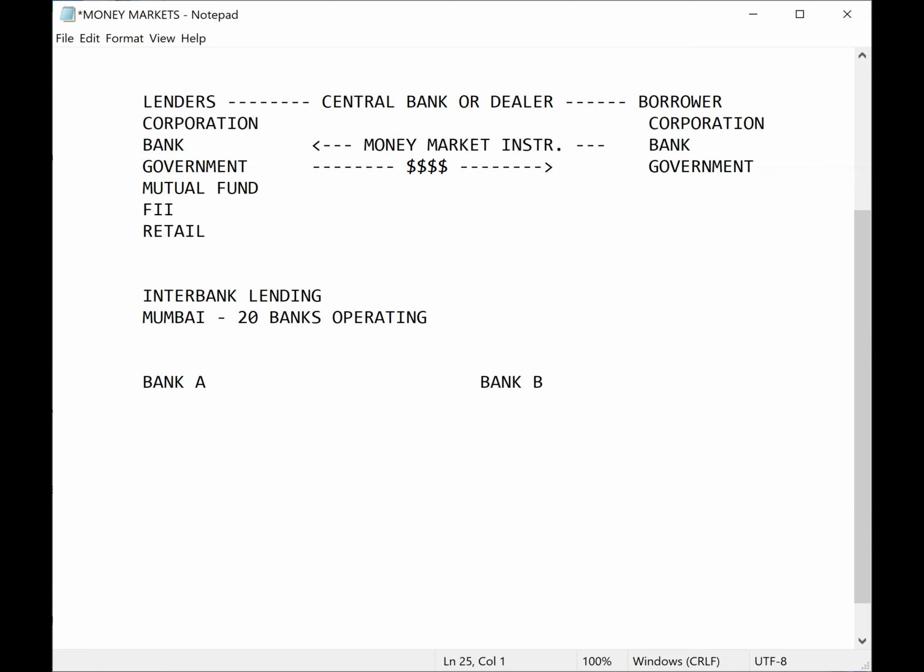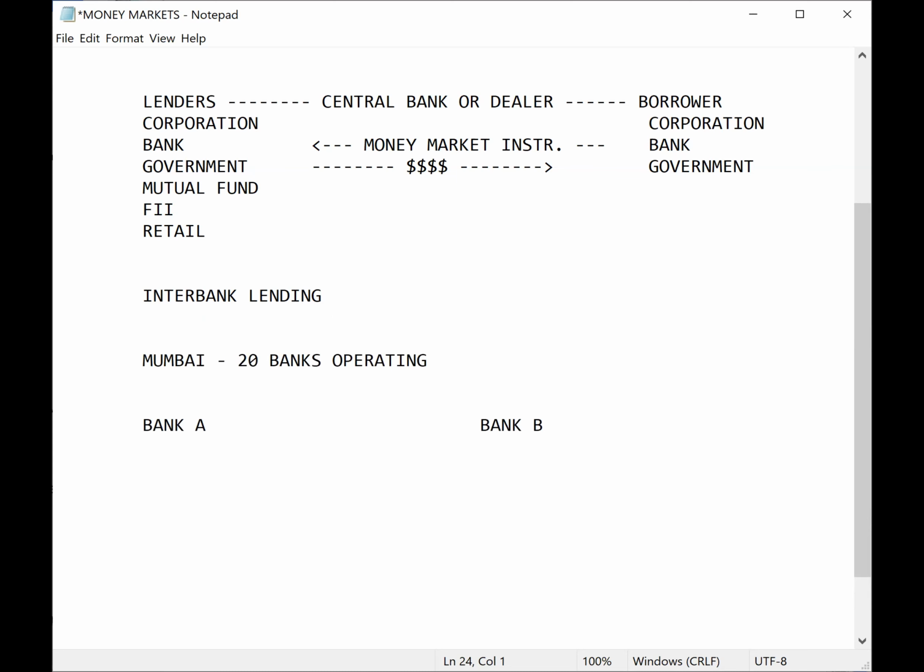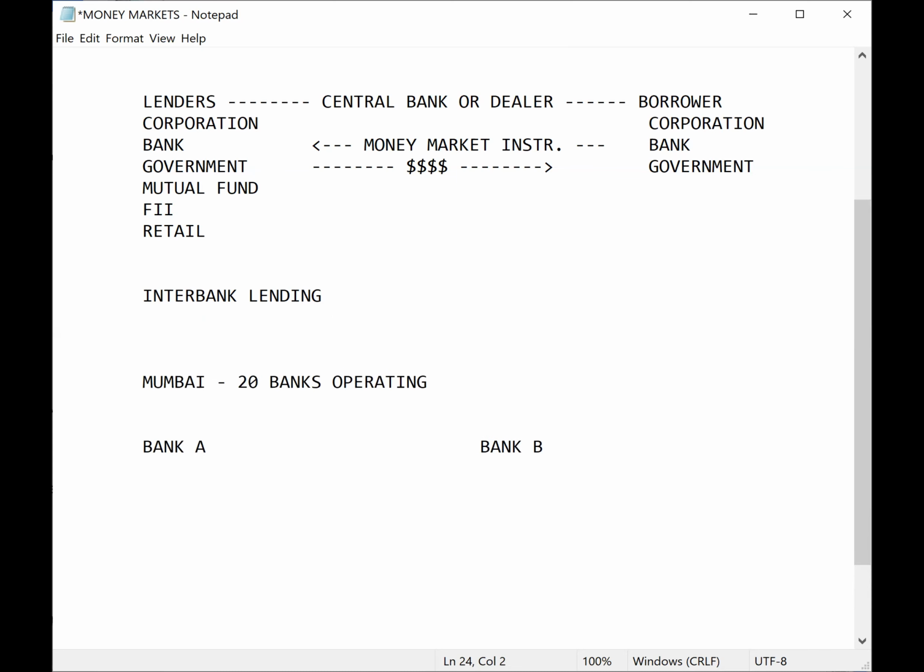Guys, these banks are regulated entities, you know that. For example, HDFC Bank, ICICI Bank, SBI, Axis Bank, Kotak Mahindra, all these are regulated by RBI. What RBI says is that we need to be sure that banks are in a very good financial position, so that no bank defaults and there is no panic in case of stressful situations.